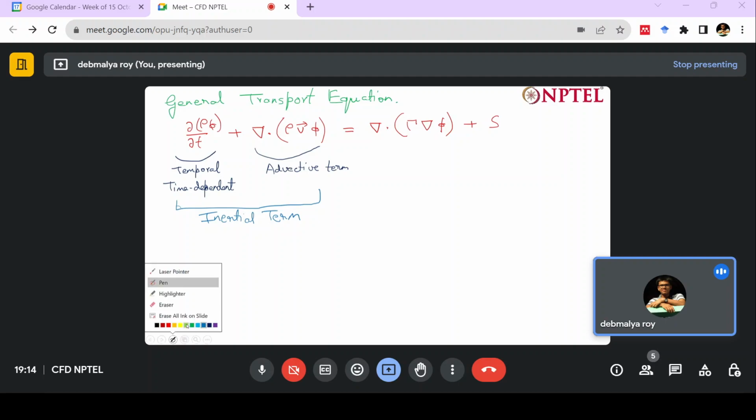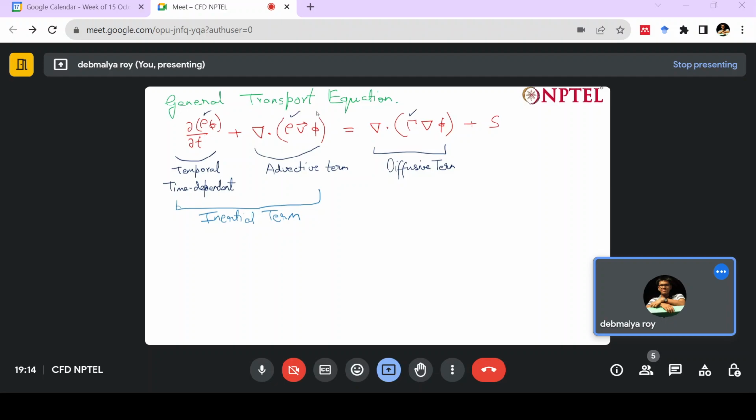What about the right hand side? On the right hand side we have two terms. The first term is the diffusive term, in which we have this diffusion coefficient. And on the left hand side, we can also mention that this rho is the inertial coefficient, or the density.